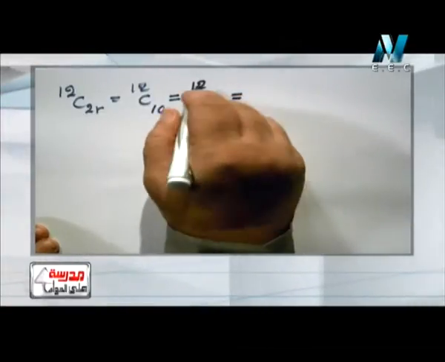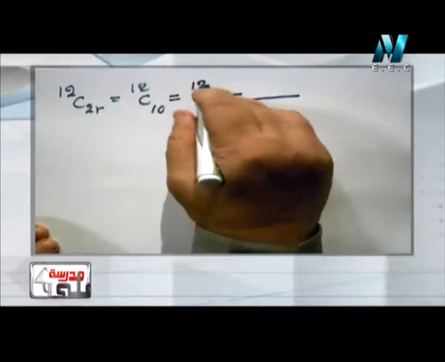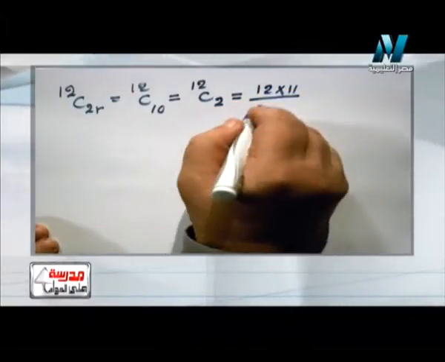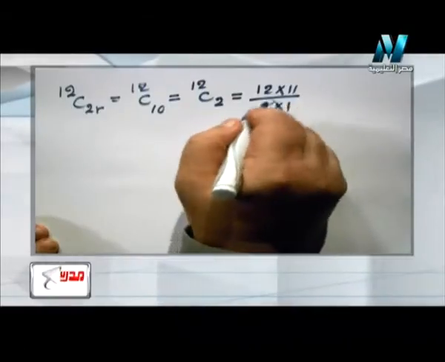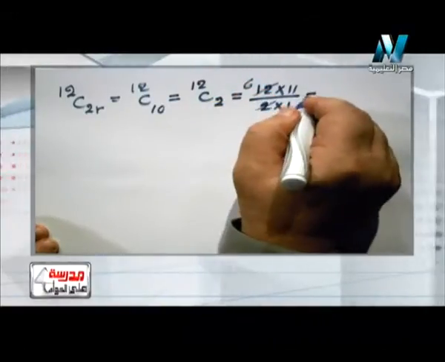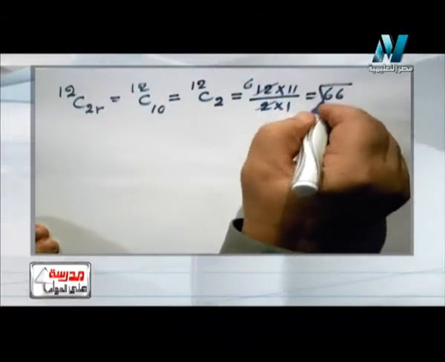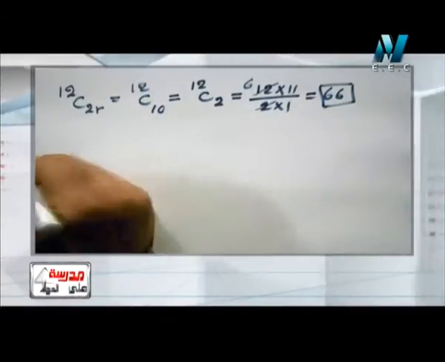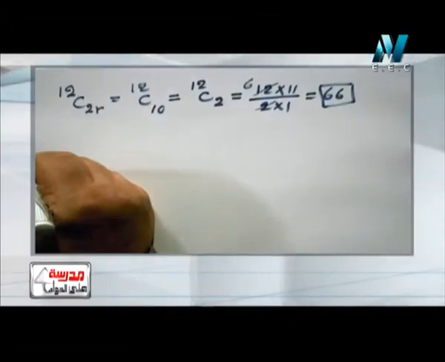What about 12C2? It is 12P2 over factorial 2, which is 12 by 11 over 2 by 1, and this equals 66. So 12C2r equals 66.